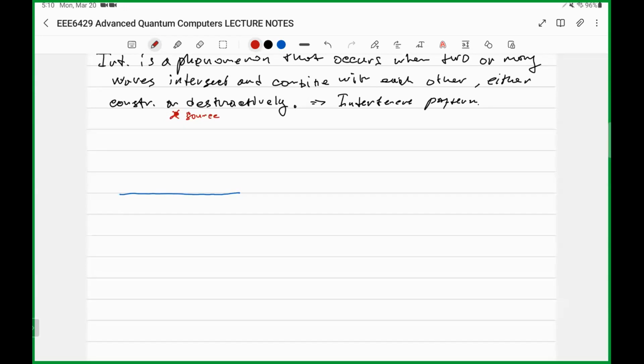This light source creates a bright spot on this screen, distributed like this, with maximum in the center and gradually decreasing outward.